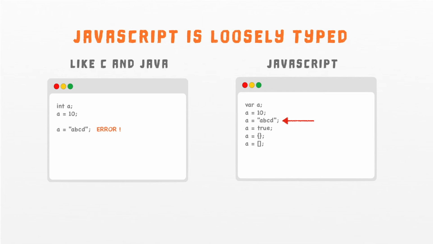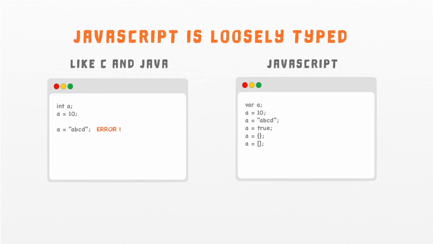And after this, I've assigned the same variable other data types. Even then, it didn't throw any errors. And this is what loosely typed actually means, where the data type of a variable can be changed dynamically depending upon the data type of the value that's assigned to that variable. And with this example, we can say that JavaScript is loosely typed.